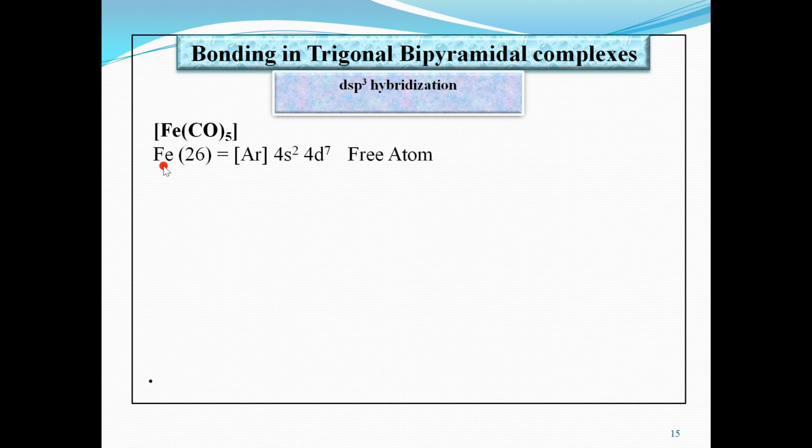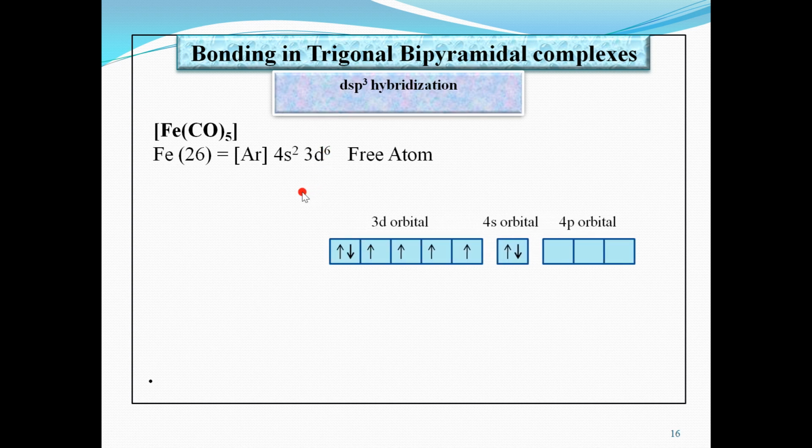The atomic number of iron is 26, and the configuration is 4s2 3d6 in the free atom. Now we can fill these electrons in the excited state.